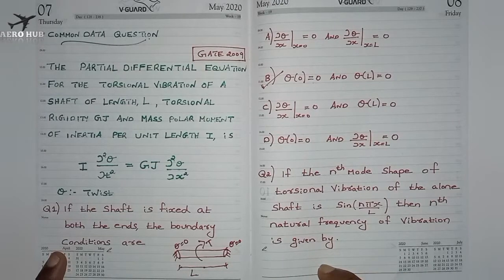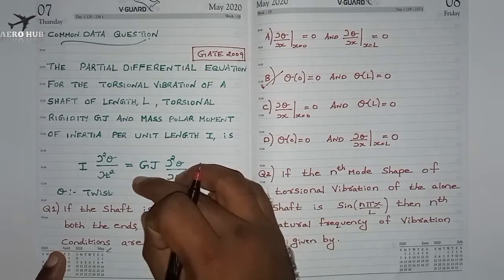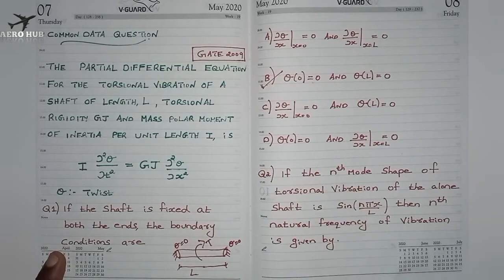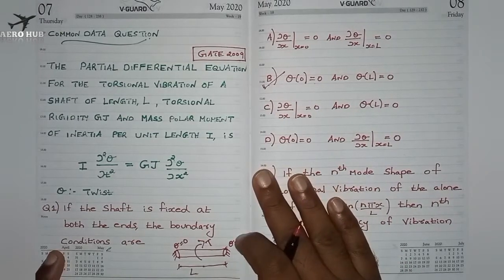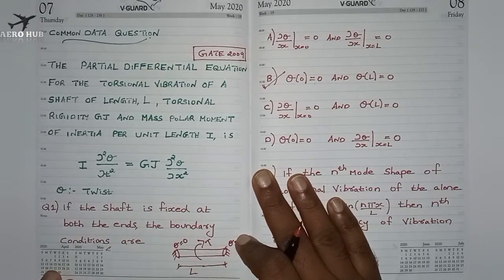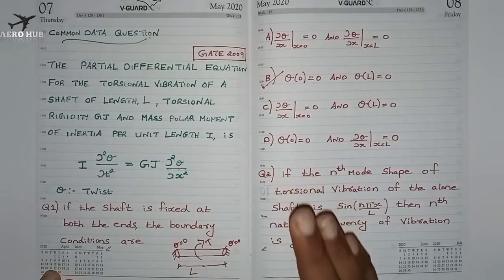In the previous lecture, I discussed the governing equation, and we have the general solution. When you substitute the boundary conditions in the general solution, we will get the value of the natural frequency.